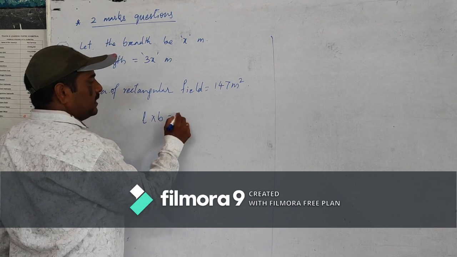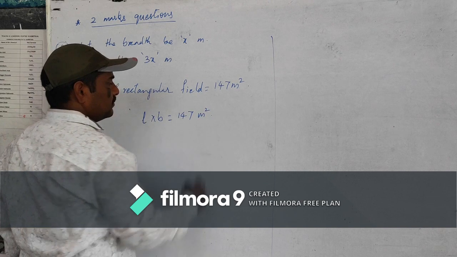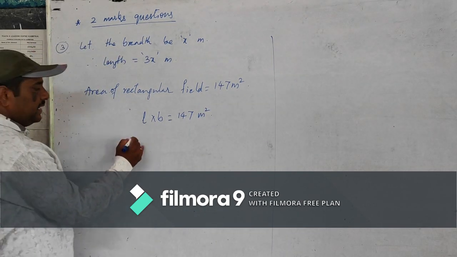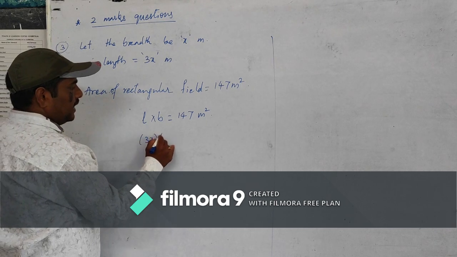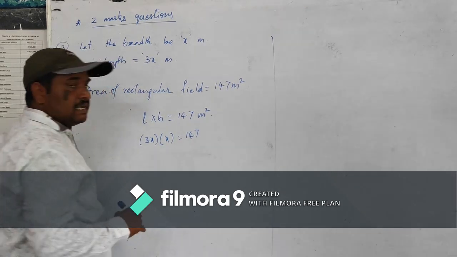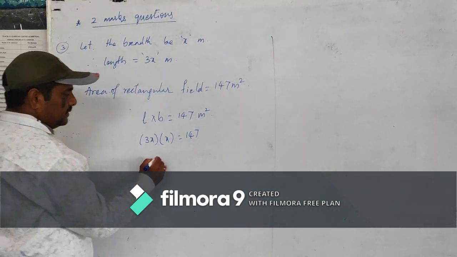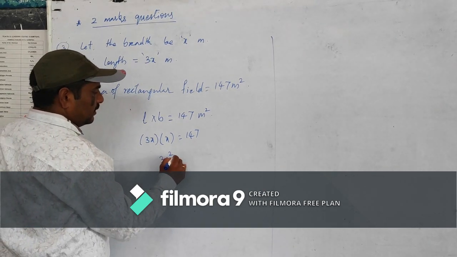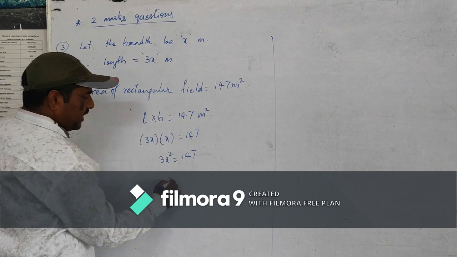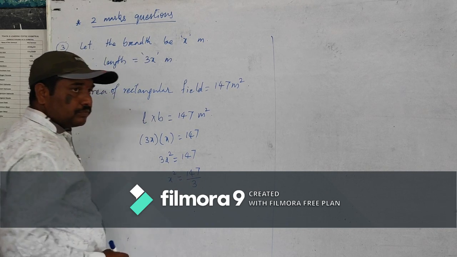Length into breadth is equal to 147 meters square. Then what is the length here? It is 3x. And the breadth is x, so 3x into x, it is 3x square is equal to 147. x square is equal to 147 by 3.